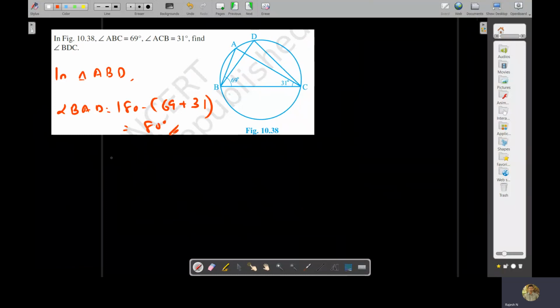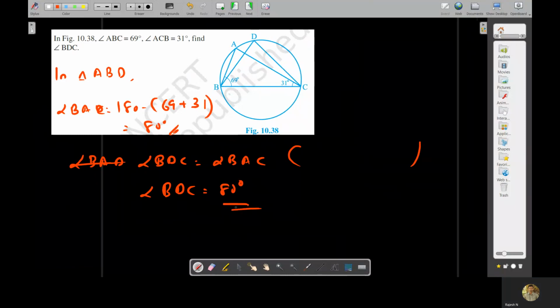So 180 minus 100, so 80 degree. Angle BAC is 80 degree. We have to find out BDC. So what can you say angle BDC is equal to? Angle BAC, because angles in the same segment. So angle BDC is equal to what? 80 degree. Angle BDC is equal to 80 degree.